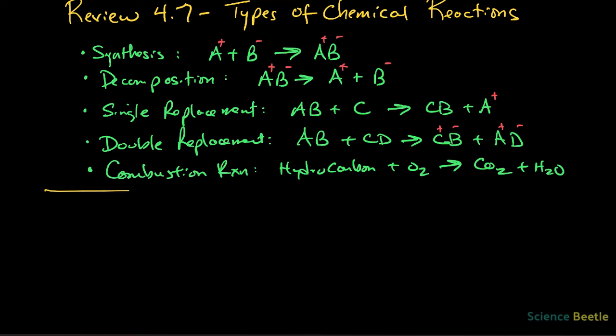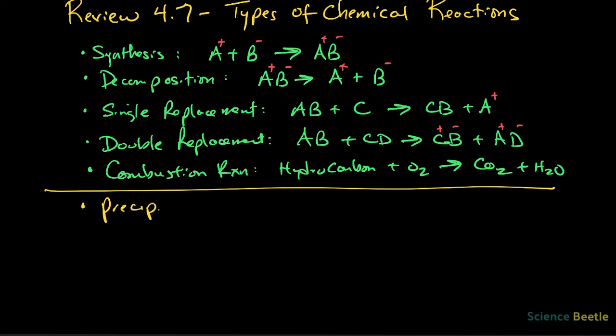And so if we separate these out, the three main types of reactions that we looked at here in 4.7 were the precipitation reactions. And largely it could have been any of these reactions that we talked about before. Essentially, the main thing that we're looking for here is a solid precipitate.